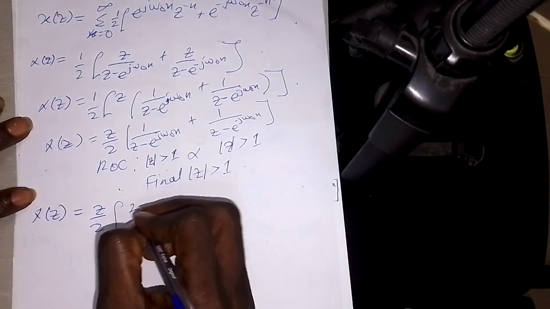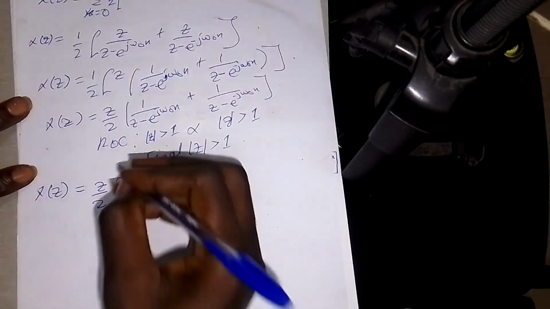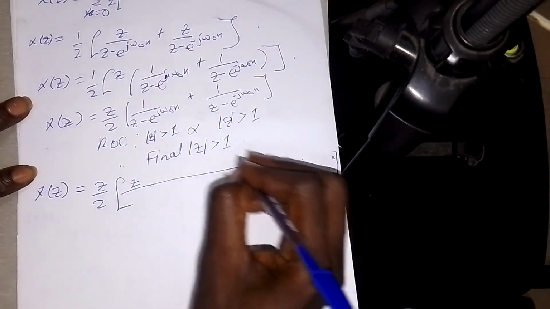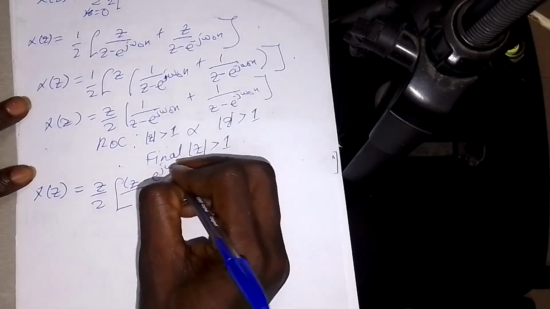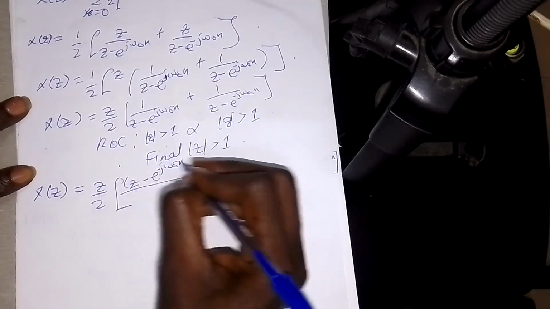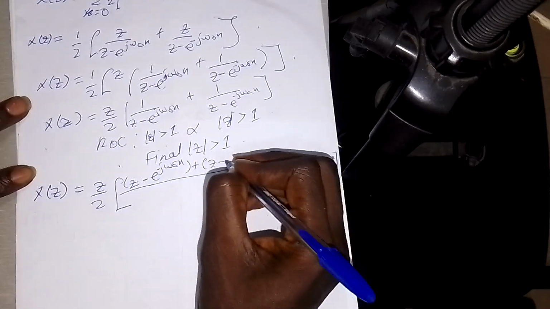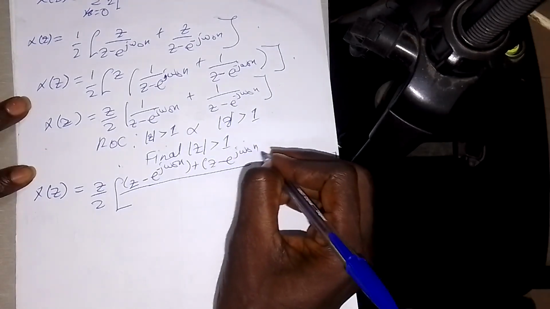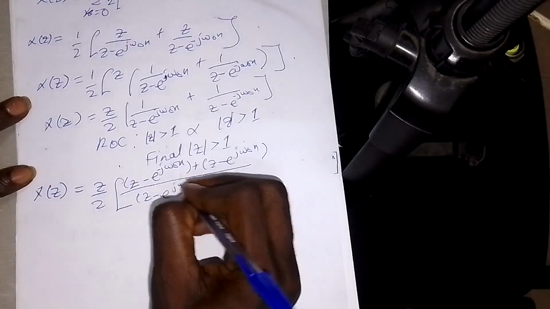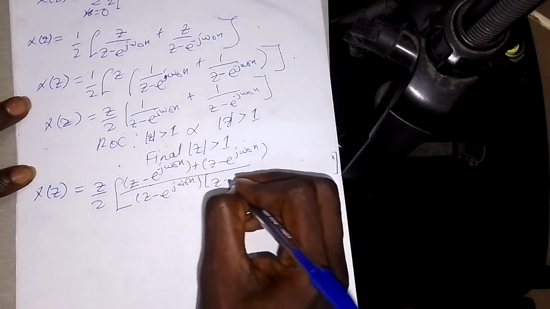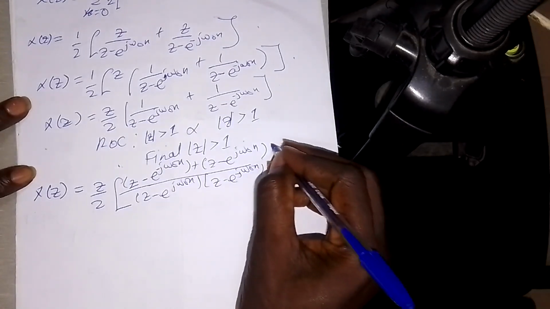So it will become z minus e^(j omega naught n) plus z minus e^(minus j omega naught n), and then I'm going to have z minus e^(j omega naught n) into z minus e^(minus j omega naught n). Okay, so this is what I'm going to have.